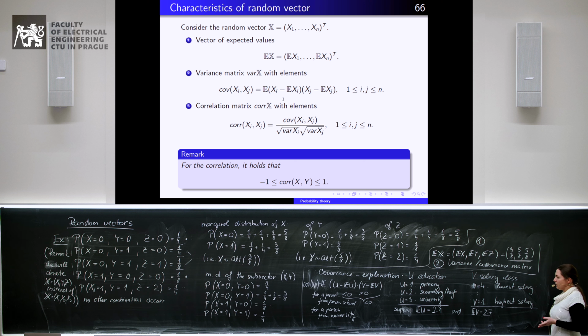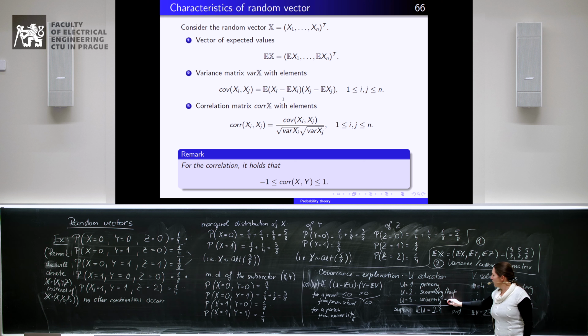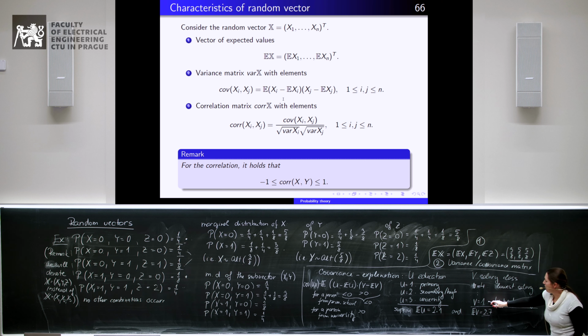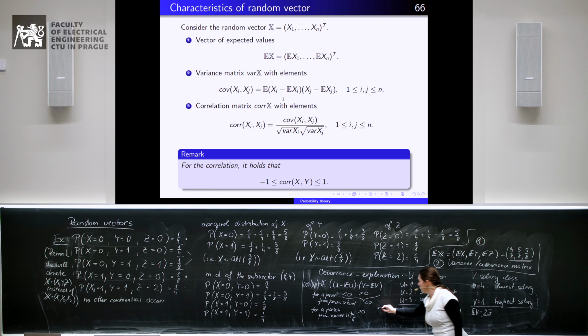When we consider a person from the university, the education minus the mean education is positive, and the salary class for such a person is again from the higher salary classes. So the number of the class is first or second, and the number of the class minus the mean order of class is negative. So the product is negative.